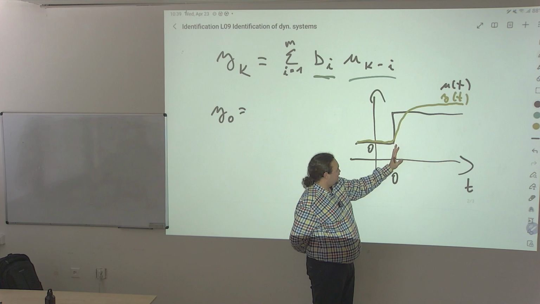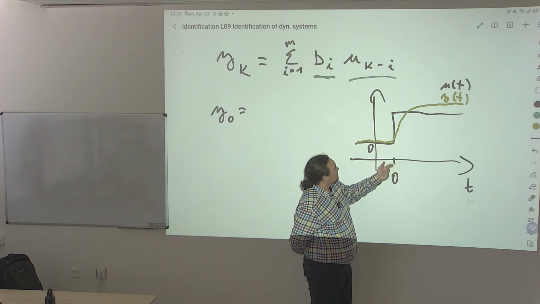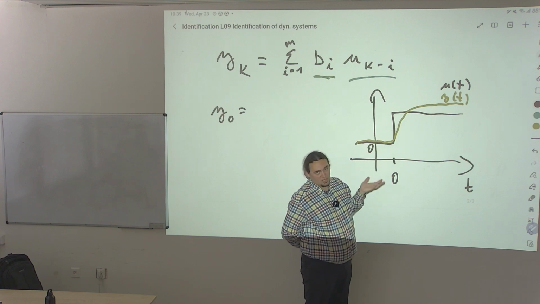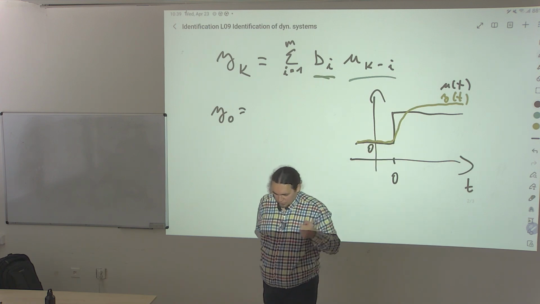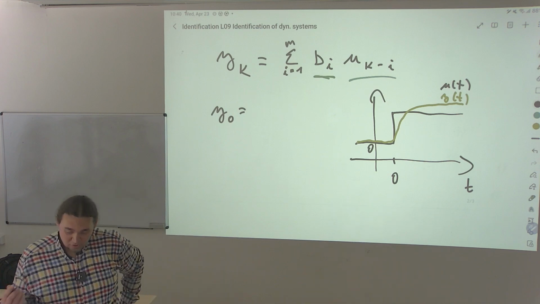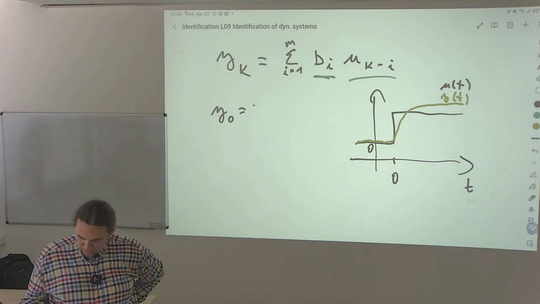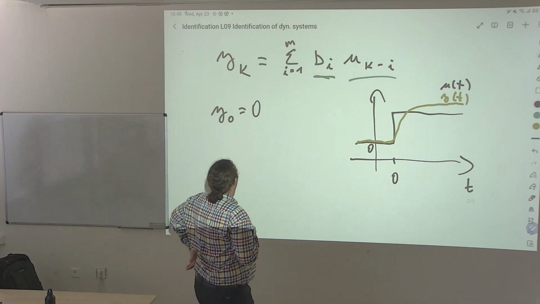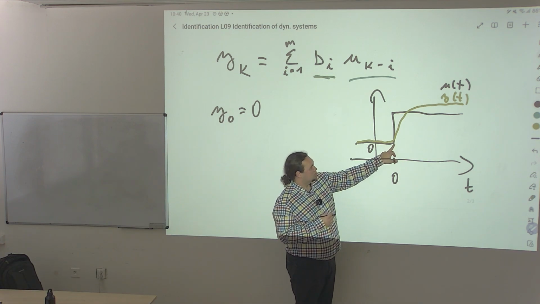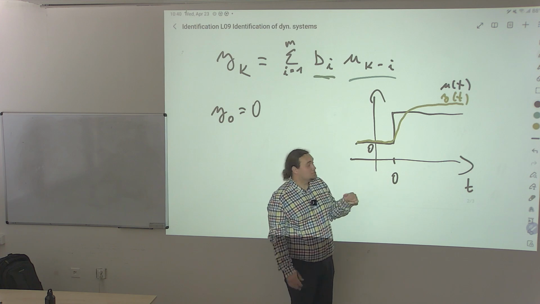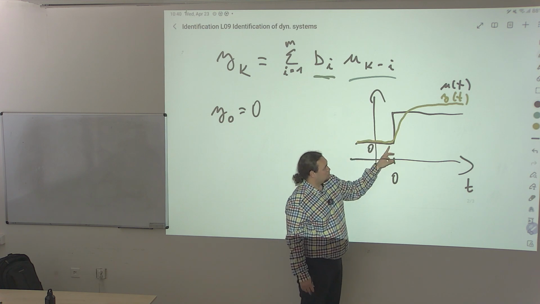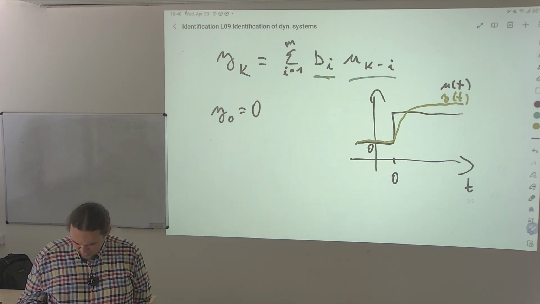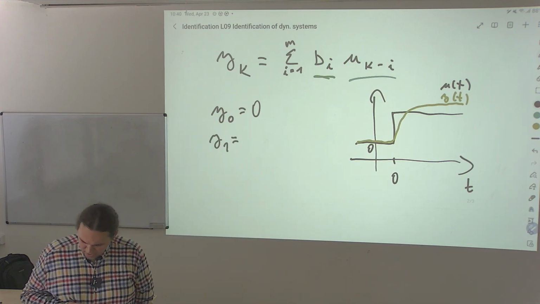It's the time when the step just occurred, and maybe we haven't even measured what happened to the output. So we can just say, okay, our output at this point didn't notice that some change in the input happened. The fun will start now.